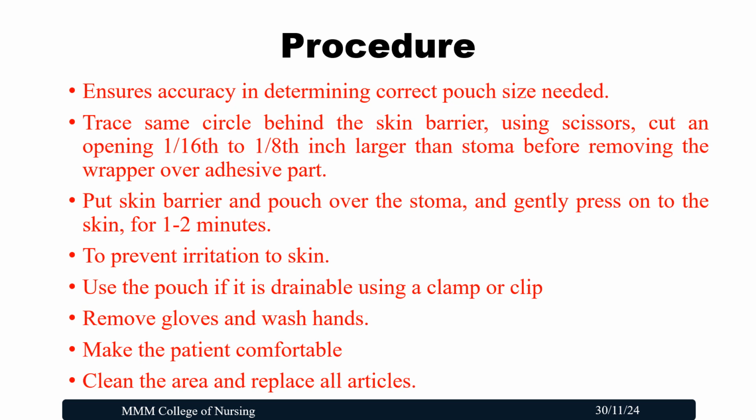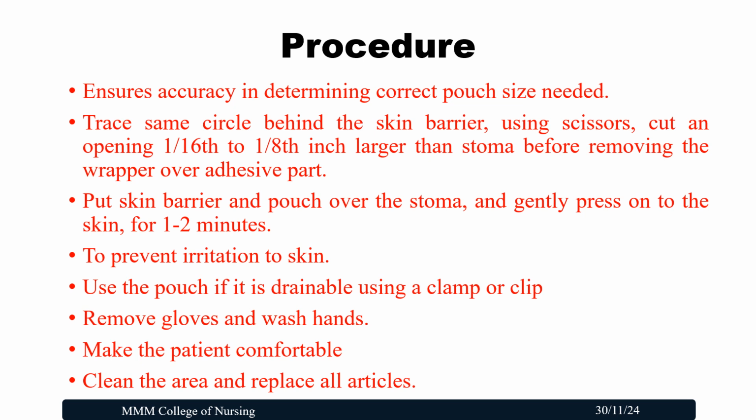After that, trace the same circle on the back of the skin barrier and use the scissors to cut an opening 1/16th to 1/8th inch larger than the stoma before removing the wrapper over the adhesive part.